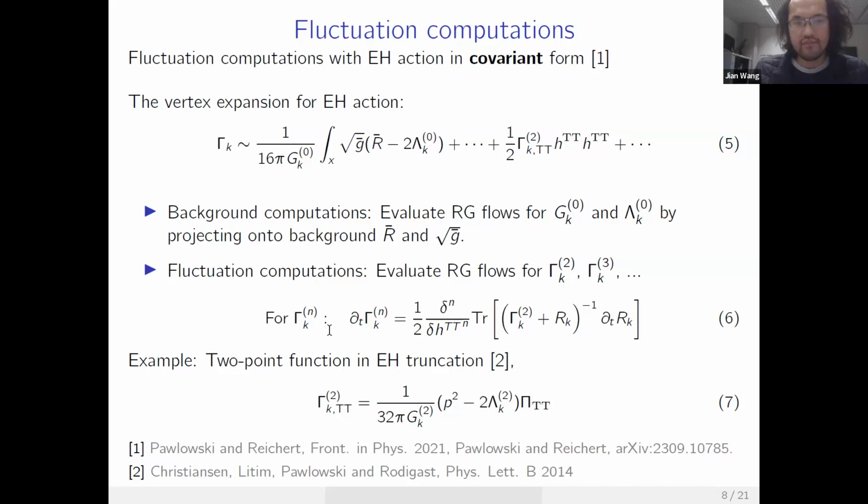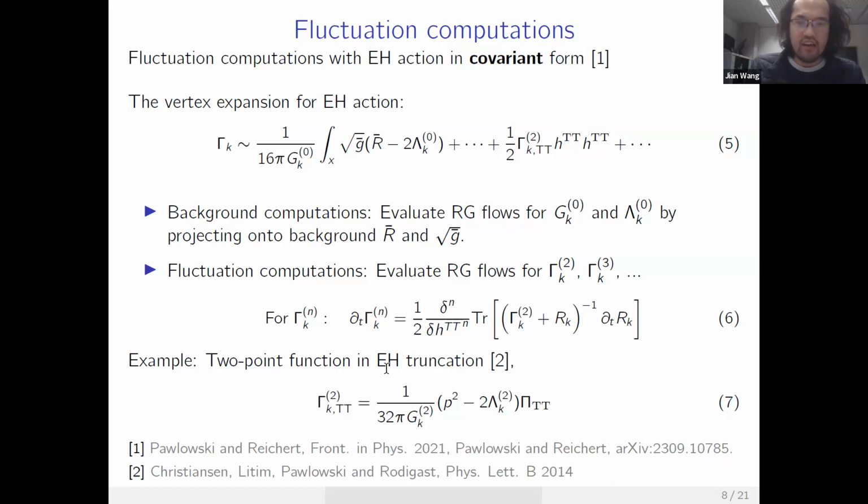Usually, the RG flows of the correlation function of order n can be given by taking functional derivatives on both sides of the Wetterich equation. We will illustrate this technical issue by the 2-point functions in Einstein-Hilbert truncation.